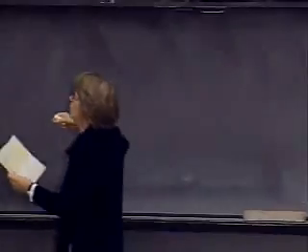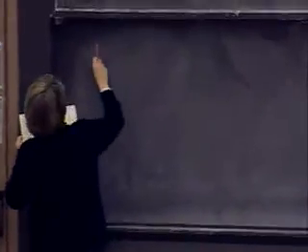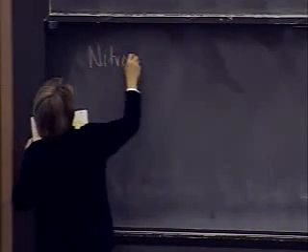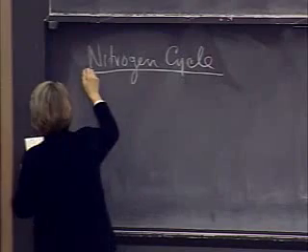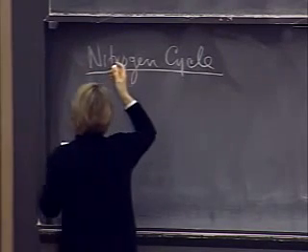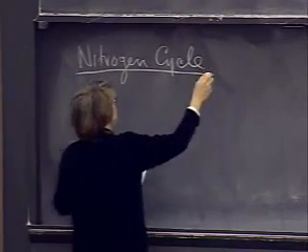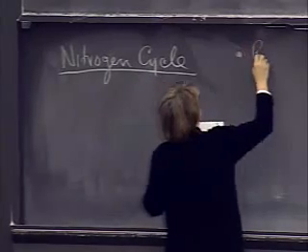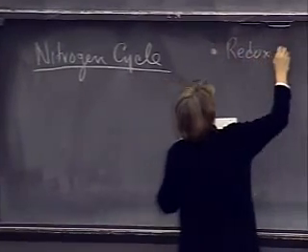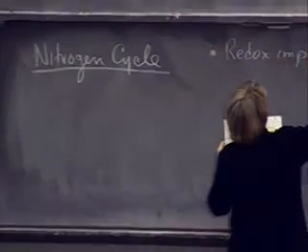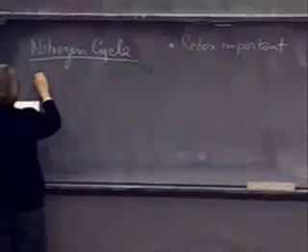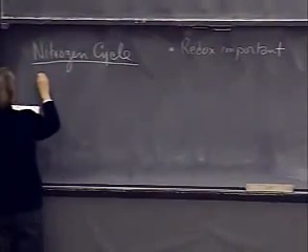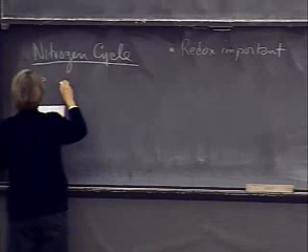So here's the cycle in all of its complexity. And redox is important. That's a feature. I'm going to list these things and then we'll look at them on the diagram.